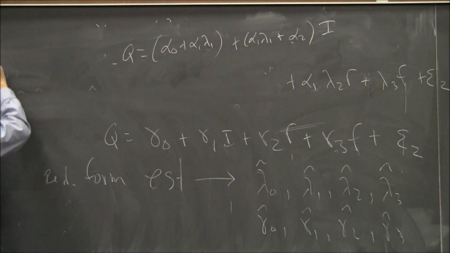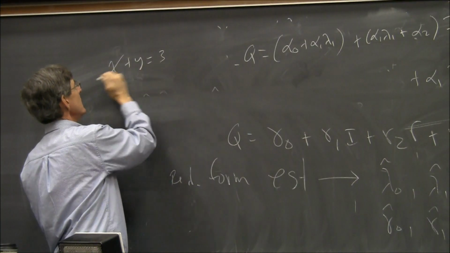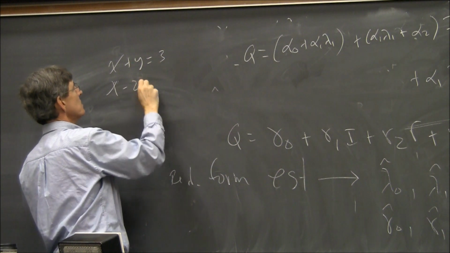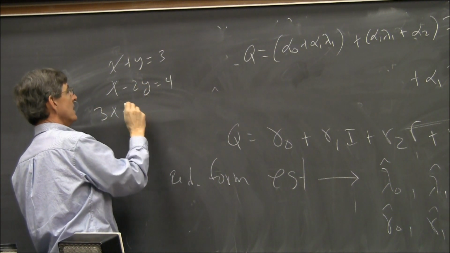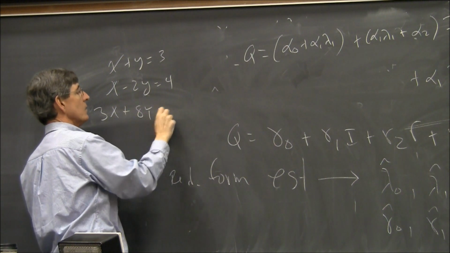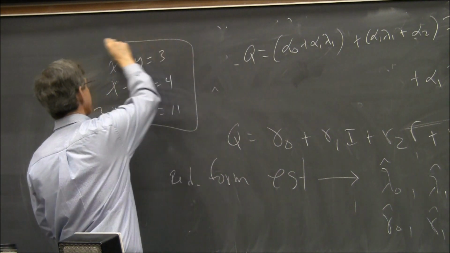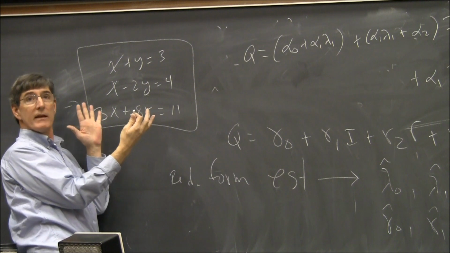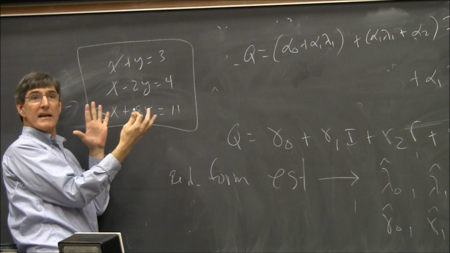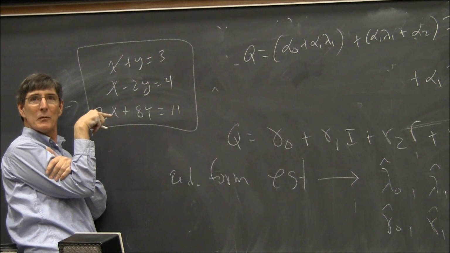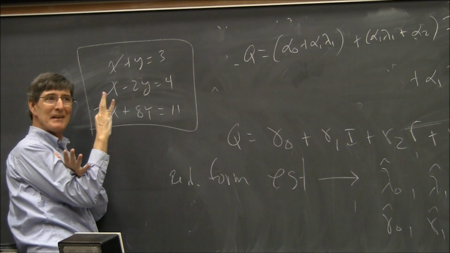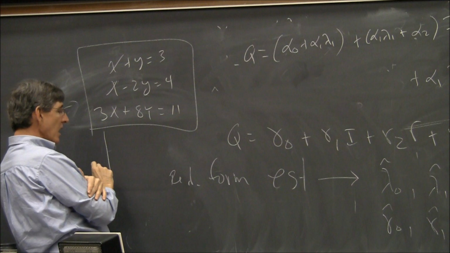If you have x plus y equals 3, x minus 2y equals 4, 3x plus 8y equals 11. Can you solve these uniquely? Unless we got lucky and one's a linear combination of the other two, which shouldn't happen in general, you can't solve these.